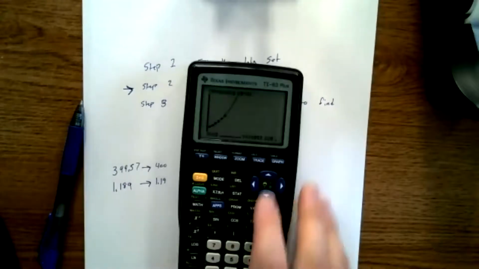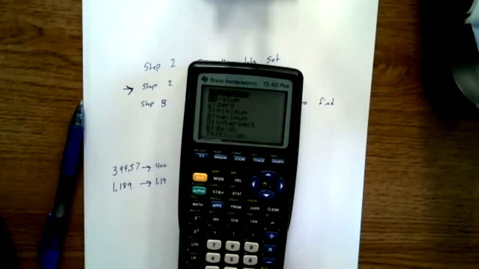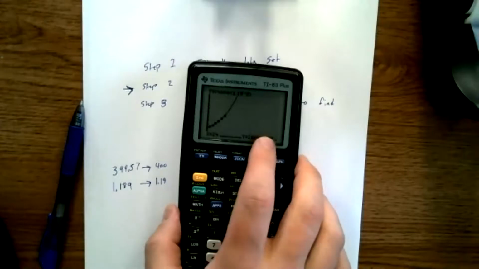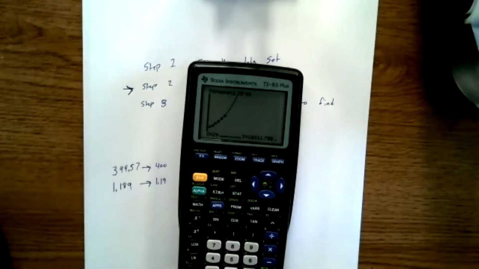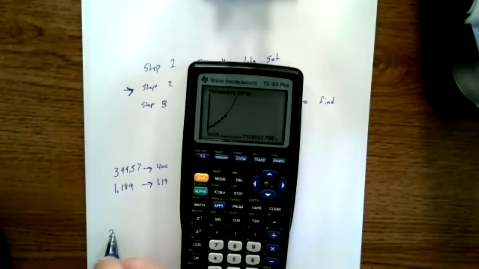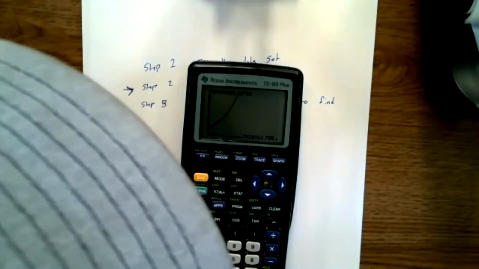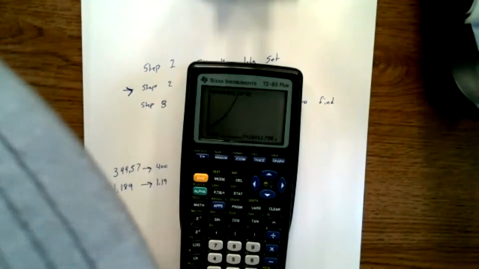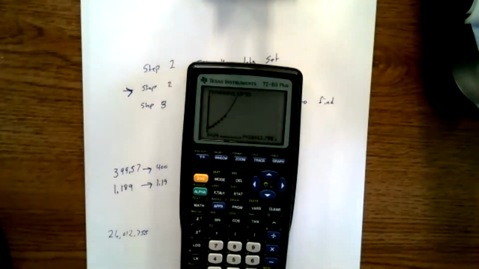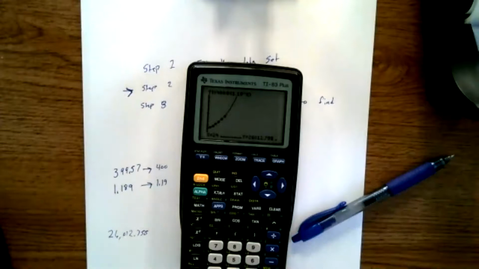Oh, no, it is 24. Value 24, just like that. You can see the value that it spits out is roughly about 26,012.758.